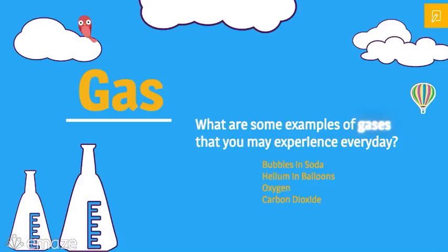And those little bubbles are just made of carbon dioxide that the soda company packs into your soda for the carbonation. Next, you have helium in balloons, or the air from your body in balloons, oxygen and carbon dioxide. And oxygen is in the air and we breathe out carbon dioxide. These are all forms of gases. Now, you can't see them, but you definitely know they're there.